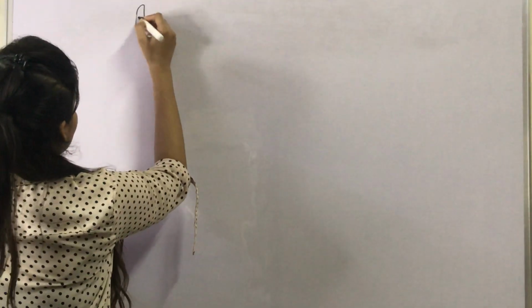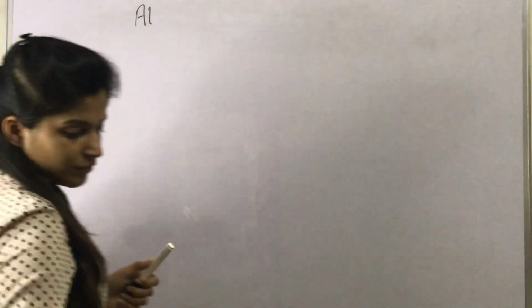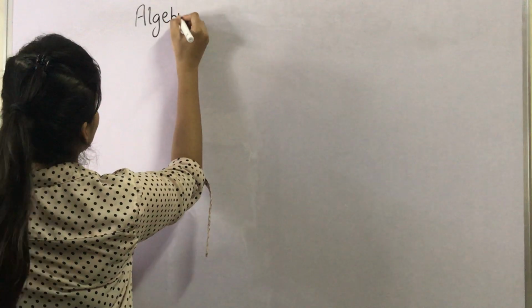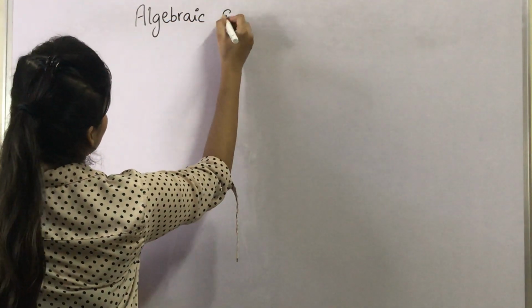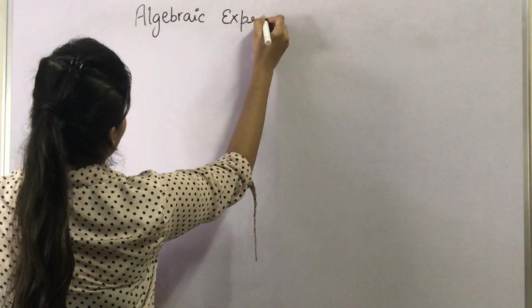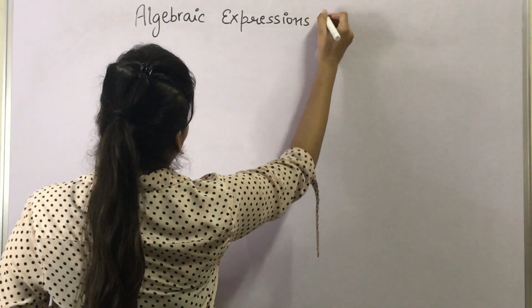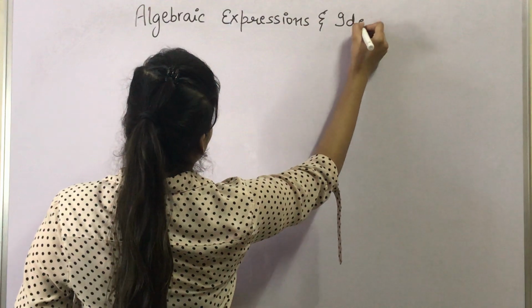My name is Rashi and in this video we will be starting with question number 4 of exercise 9.1. So the name of the chapter is Algebraic Expressions and Identities.